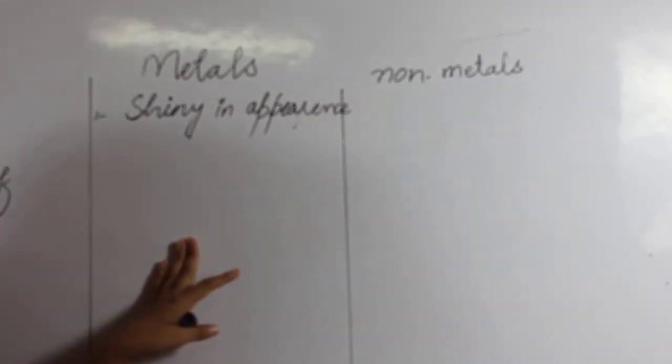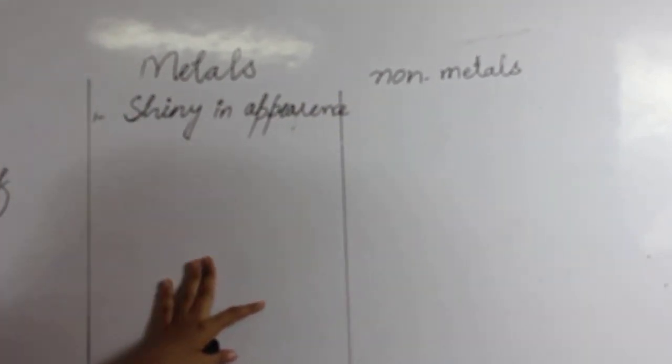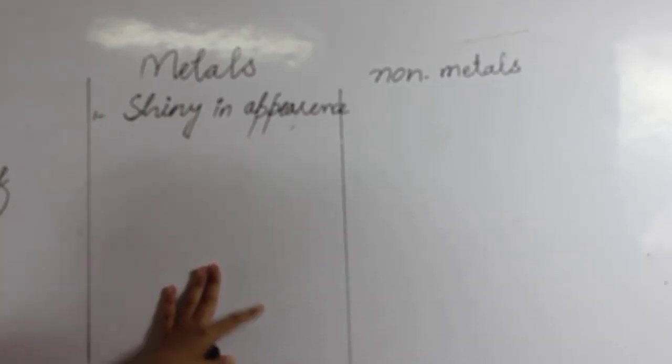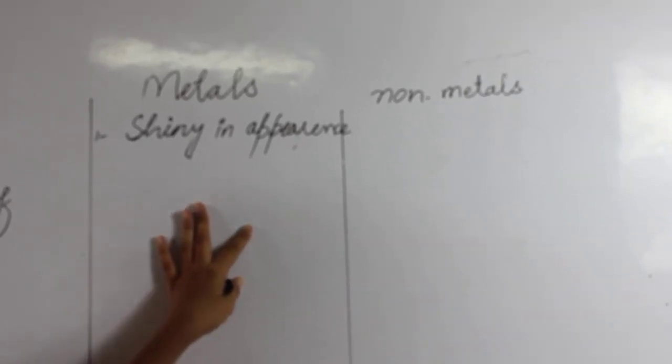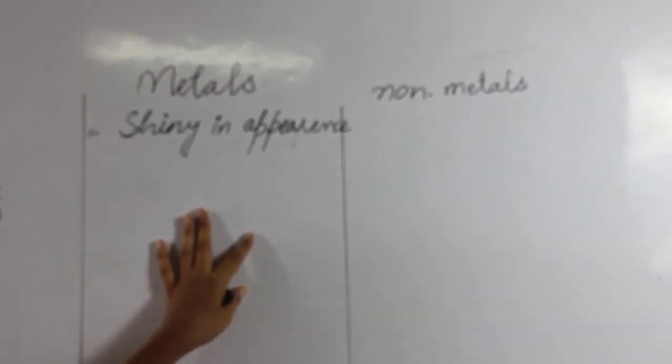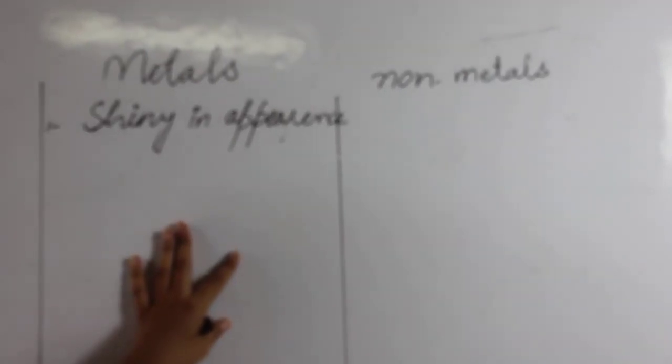Students, you see gold, silver, copper, these are metals, and their appearance is shiny. They are not dull in appearance, they are shiny, they shine brightly.